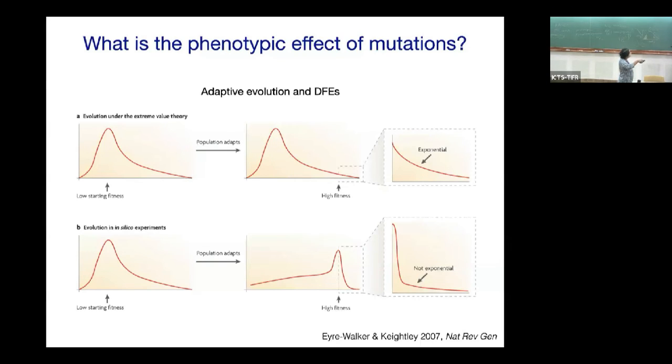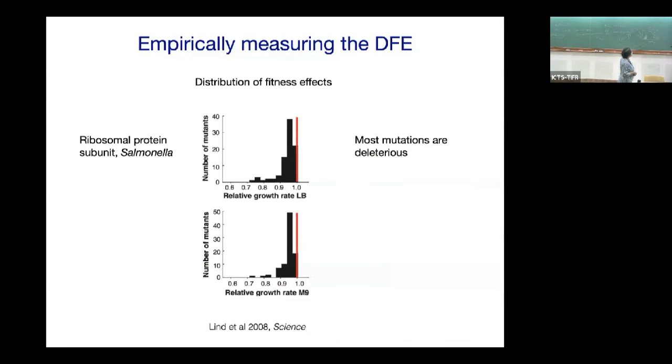For example, if it's exponential, there should be a certain way that these beneficial mutations will drive adaptation. How long do you have to wait until a beneficial mutation comes, how long until it fixes, how long until fitness increases, and so on and so forth. So this is what these DFEs can be used for.